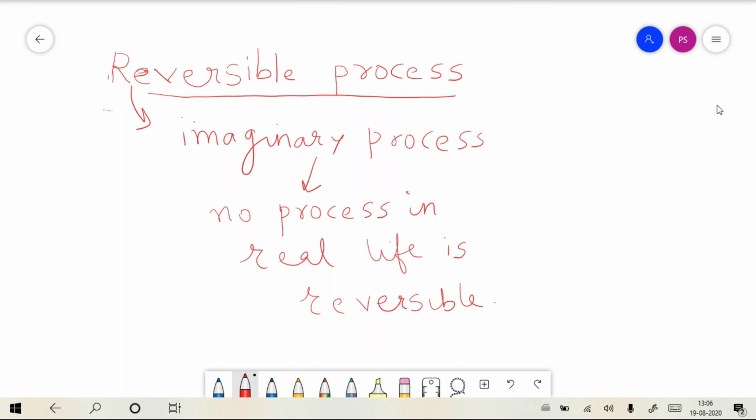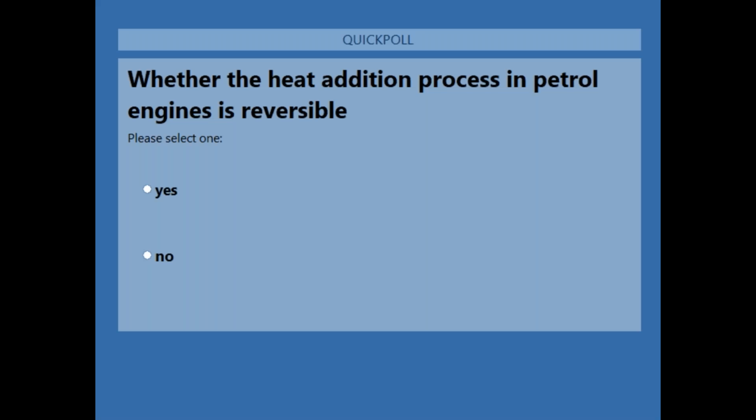If you are appreciating this, I am just asking you one question, and I hope that you have put your answers to the question what is a reversible process in the question box, which I would be seeing later, not here immediately. But let me put this question wherein I am asking you a very direct question, whether the heat addition process in the petrol engine is a reversible process or not.